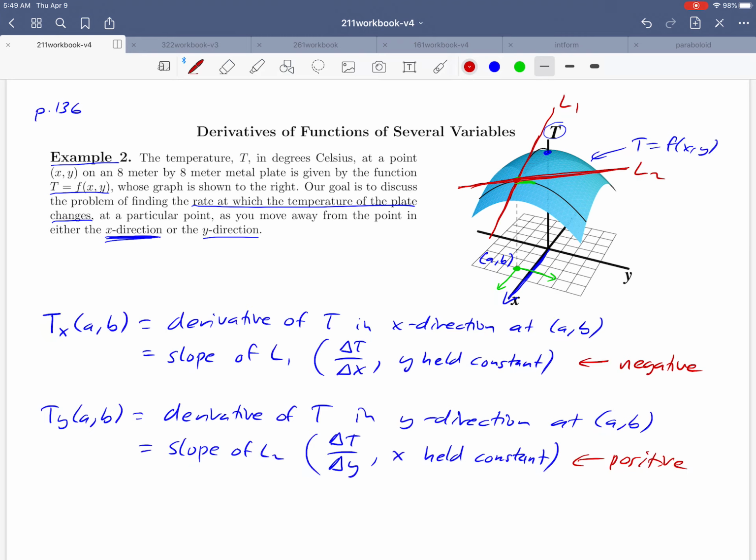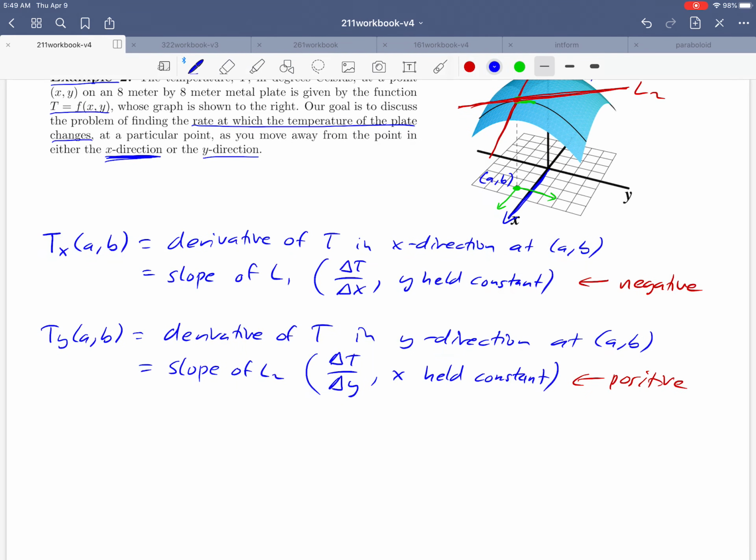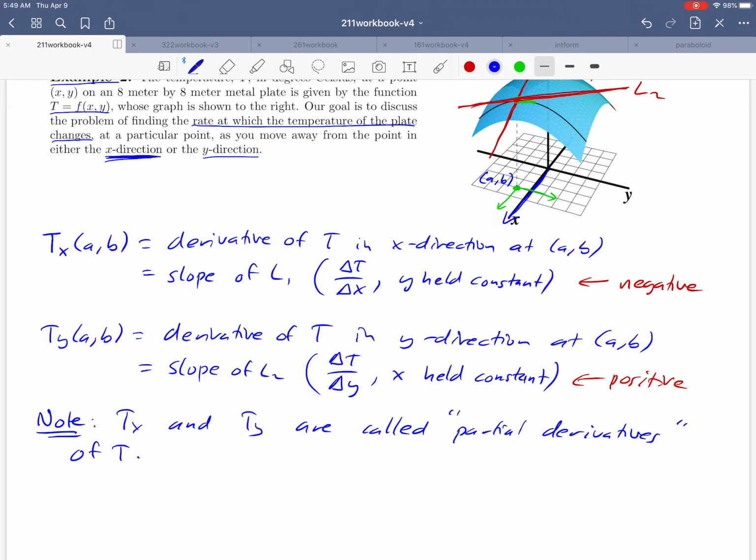It turns out there are names for these two derivatives that we wrote down. They're called partial derivatives of temperature. We use the word partial because we're taking the derivative with respect to just one input variable at a time. I'm going to make that as a note, at the end of this example here. So T sub x and T sub y are called partial derivatives. And let's remind ourselves of what those partial derivatives represent.